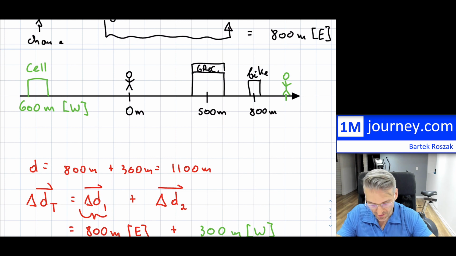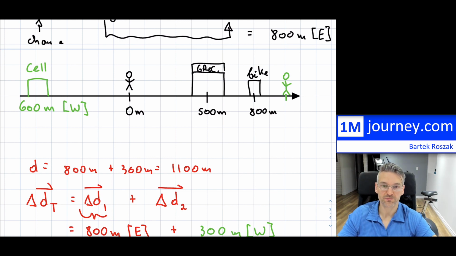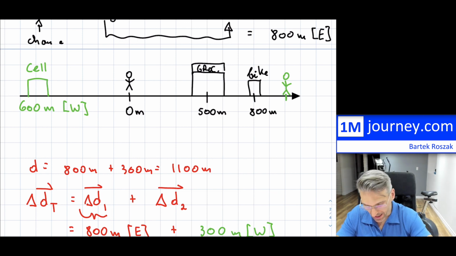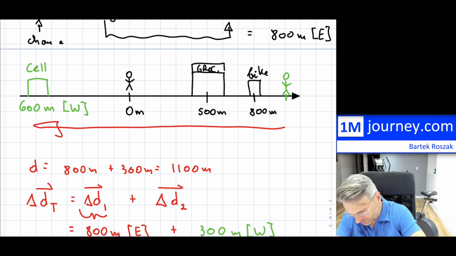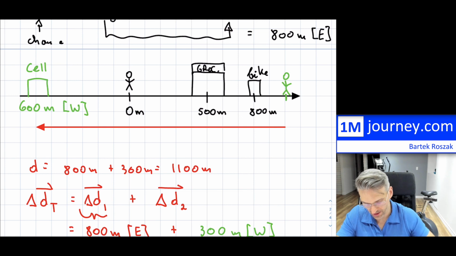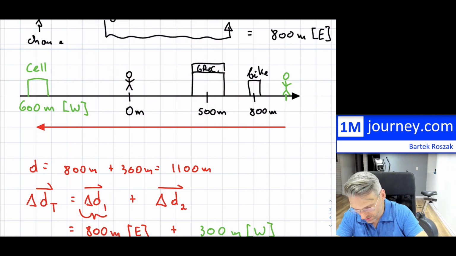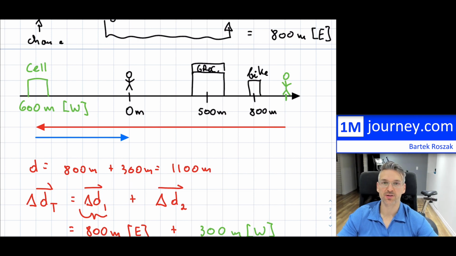Let's say now we're talking about your friend, and your friend is now moving along. So let's imagine that your friend goes all the way up to the cell shop, all the way over here, and then your friend decides to come back, so from here and then visits you over here, and you want to know what the displacement is.